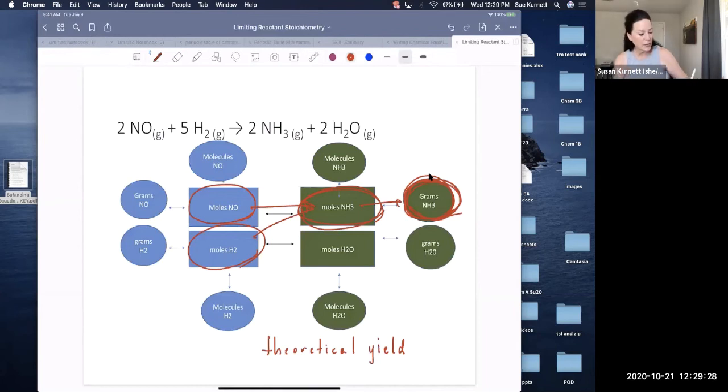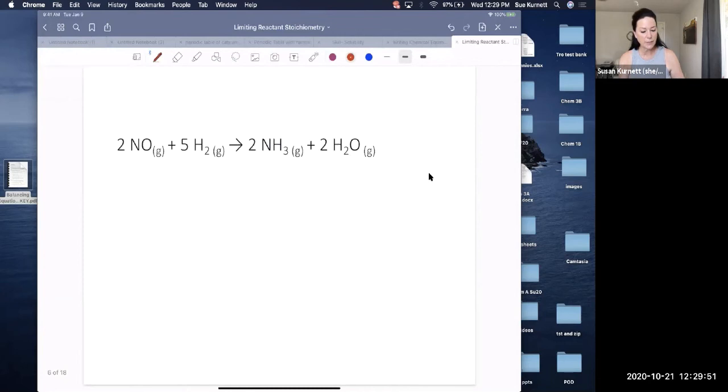Theoretical yield is us using stoichiometry and the balanced chemical equation, and we're doing calculations. So it is the calculated value. The actual yield is what is measured on a balance. It's the actual amount that was produced.